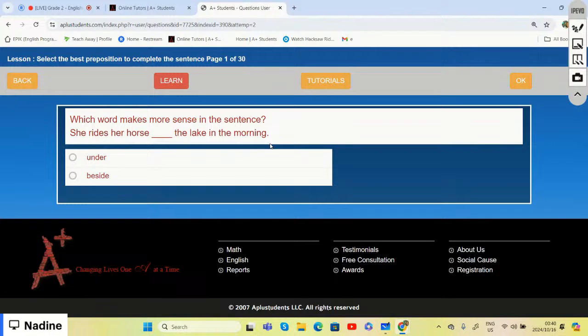Where does she ride her horse? Do we say it's under the lake in the morning or it is beside the lake in the morning? Where does she ride her horse?